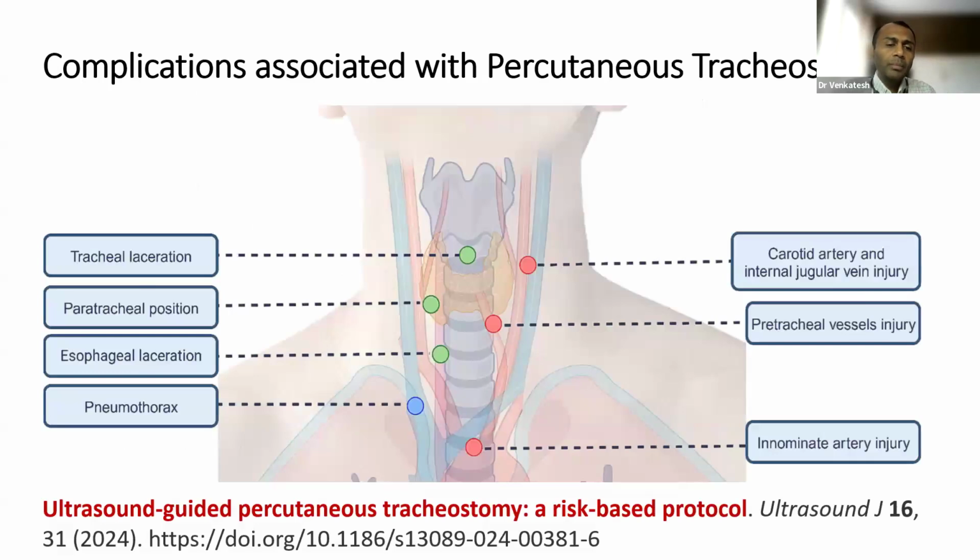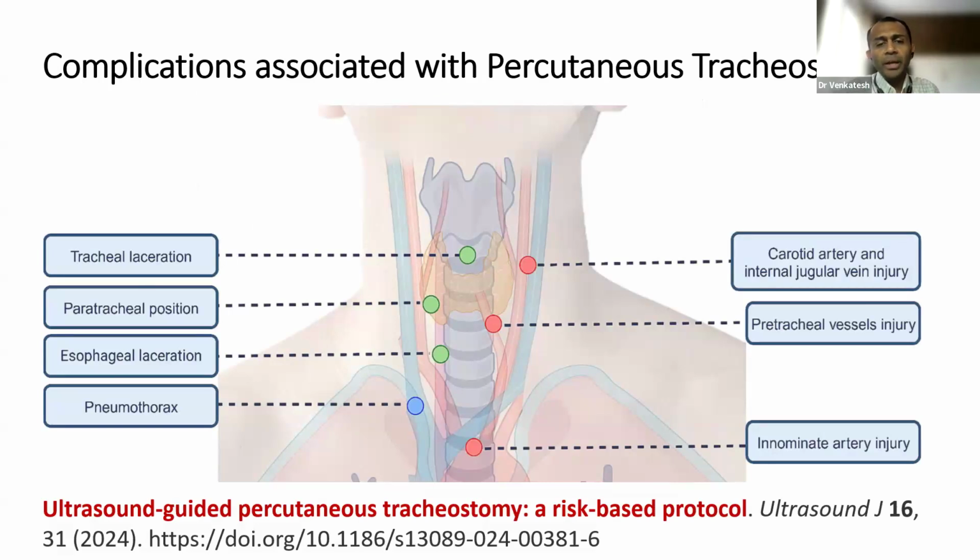So today, when I was preparing this talk, which I had prepared long back, I again searched the literature and found a nice article, ultrasound guided percutaneous tracheostomy, a risk-based protocol. I found nice, interesting pictures and the steps which I'll take you through.